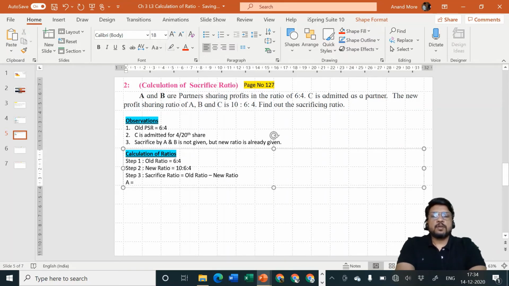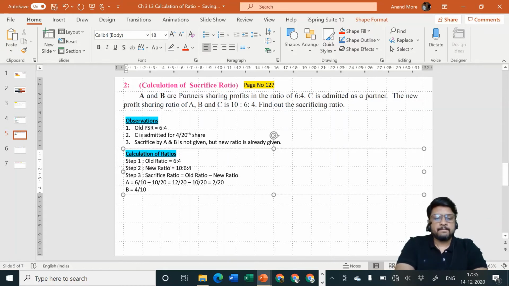A's old ratio was 6 by 10 minus A's new ratio, 10 by 20. So the first one will be multiplied by 2, that becomes 12 by 20 minus 10 by 20, which is equal to 2 by 20. Next is B. For B, the old share is 4 by 10 minus the new share for B, 6 by 20.